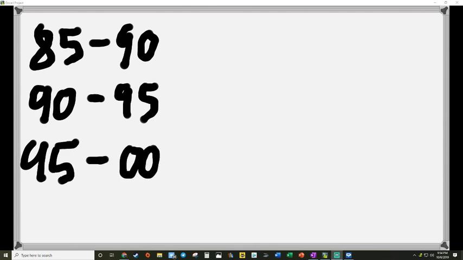So what we've got to do is look at each of these 7 sets of numbers, figure out the difference, and then choose the greatest number out of all of these.